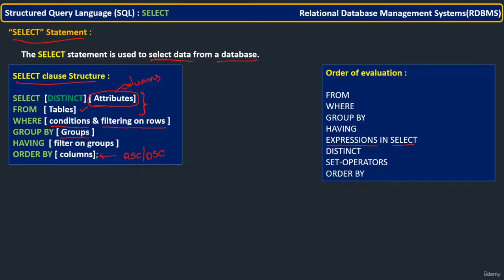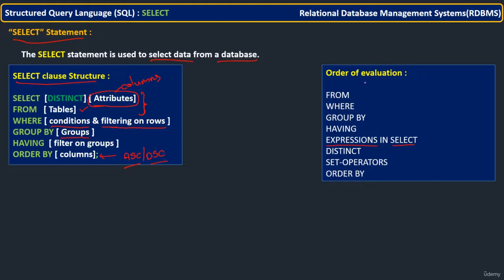And then after the final data is ready, even after the set operators are completed, then you are going to display the data in a specific order. That may be ascending or descending basing on the mentioned thing actually.